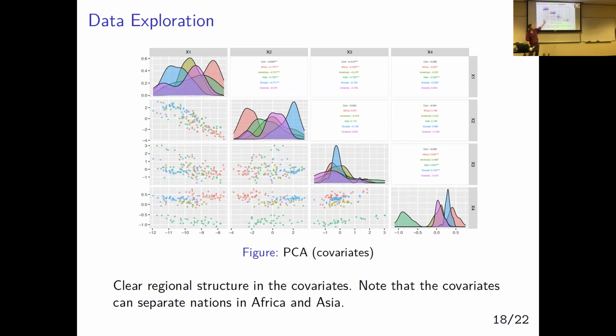But the point is there's better structure here, so maybe we can take advantage of that. I'll make a note for later that Asia here is the green and Africa's the red, so the covariates can definitely distinguish between Asia and Africa. I'll come back to that in a second.